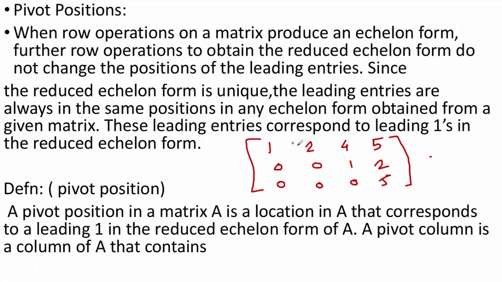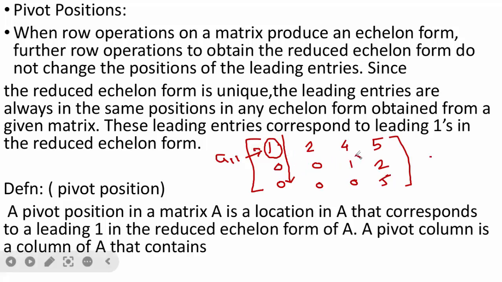In this matrix, this is the pivot position, the leading entry, and this first column is called the pivot column, and the pivot position is A11, first row, first column. This is the pivot position of this element.